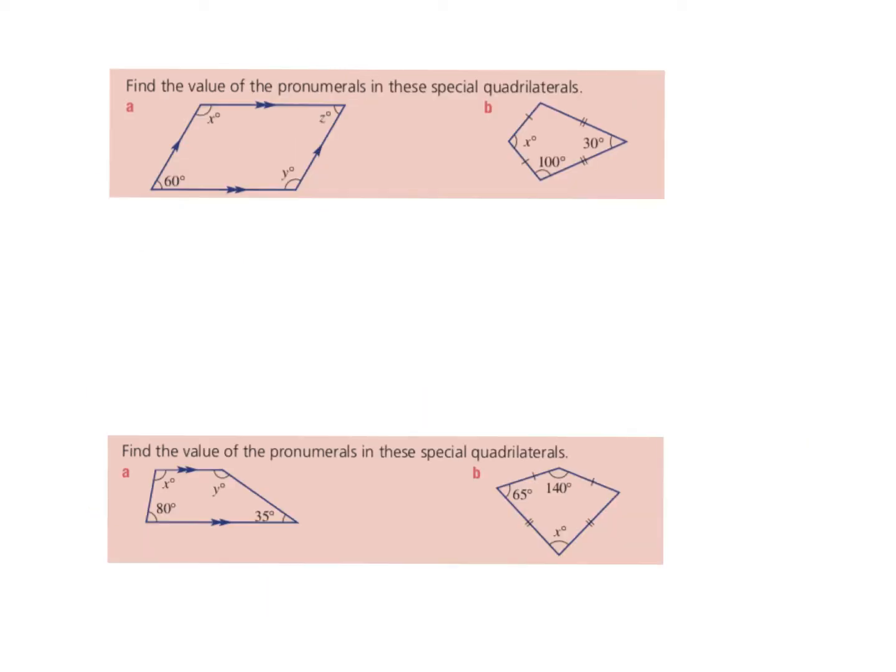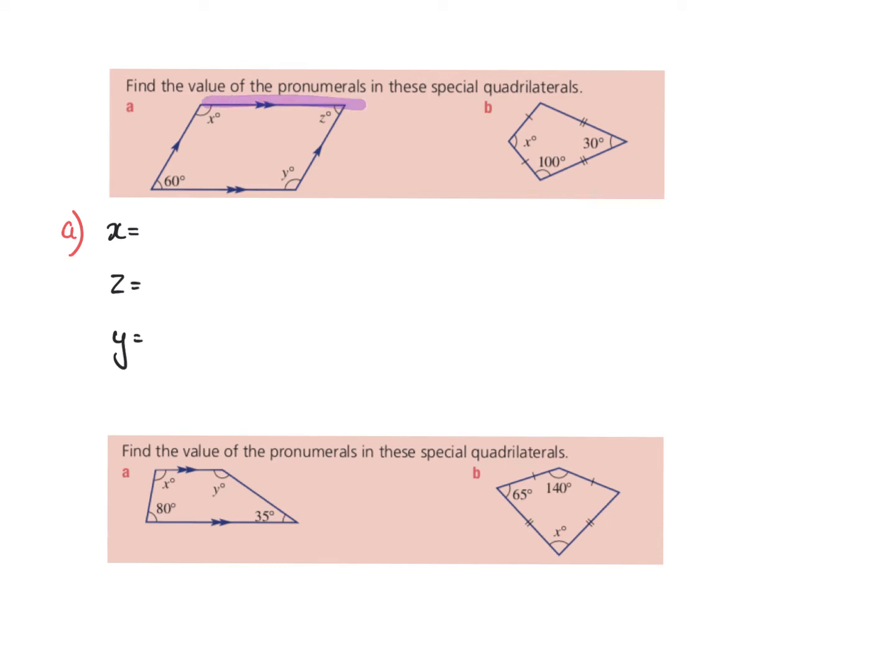Awesome. Okay, it says find the values of the pronumerals in each of these special quadrilaterals. So over here in question A, we are going to have to find what x equals, what z equals, and what y equals. Now, we know, because this is a parallelogram, isn't it?